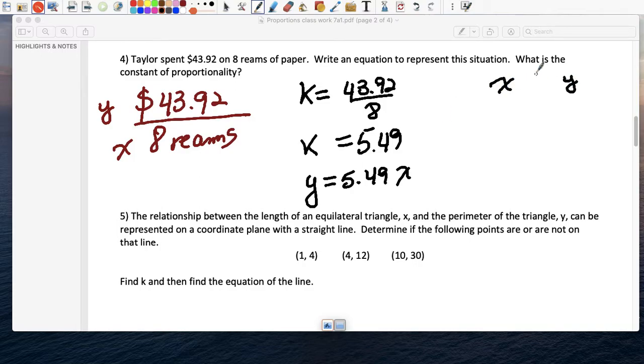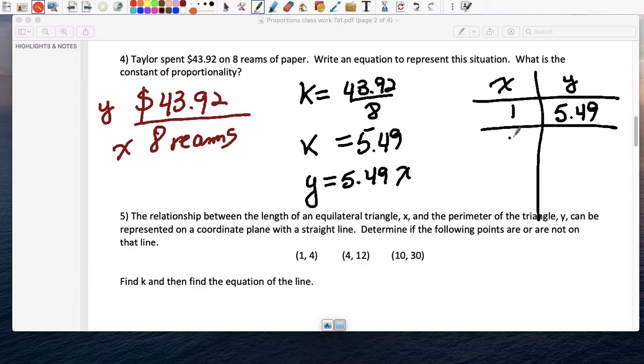So let me create a table, x and y. So think about it. If I buy 1 ream of paper, how much does it cost me? 5.49. If I buy 2, it would be 10.98. If I buy 3, it'd be 16.47.